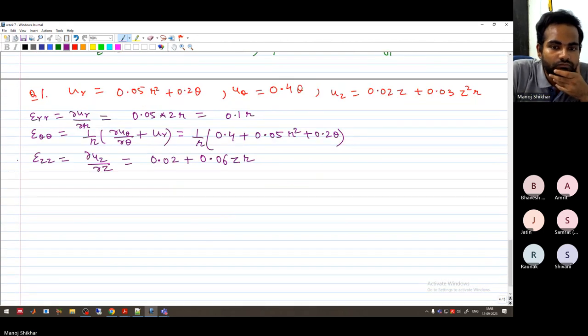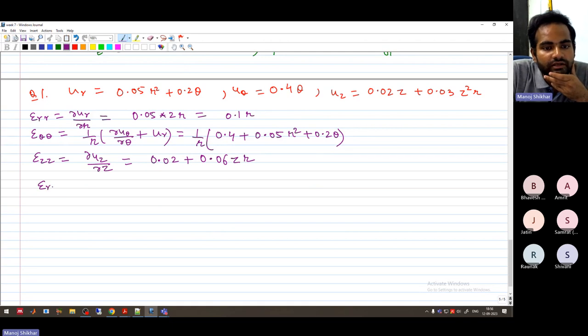So first we'll calculate epsilon r theta. It will be 1 by 2.